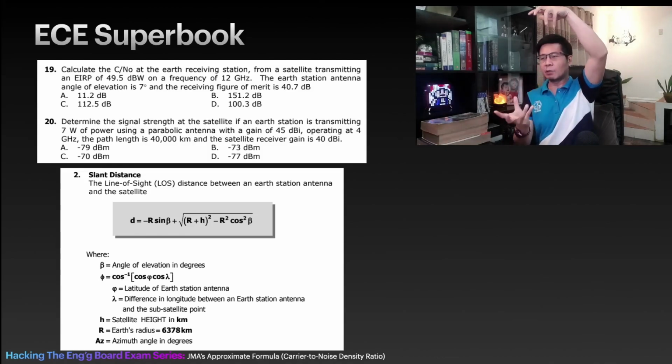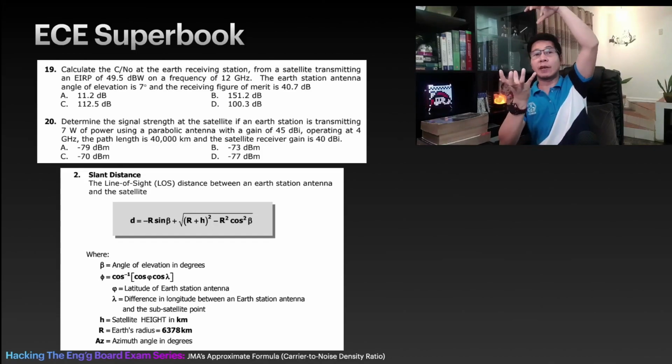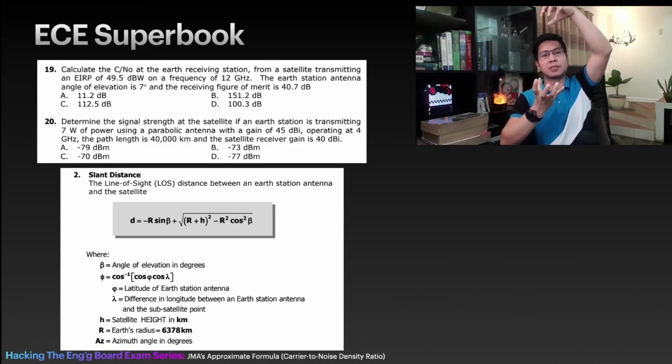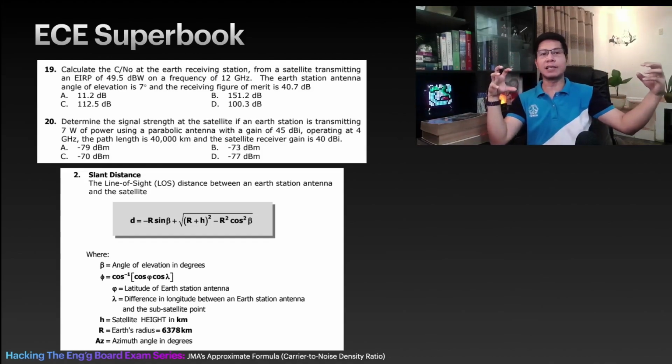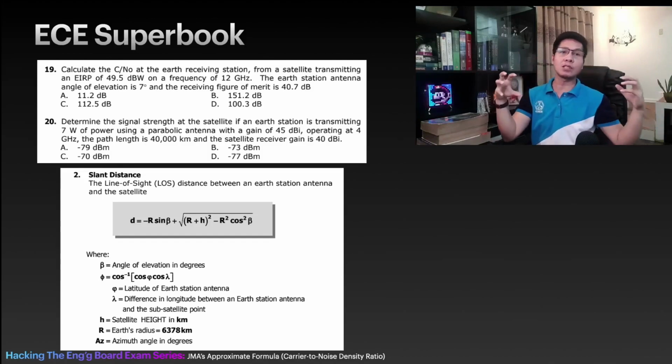Yung height natin, the closest is, when the Earth station is directly above, that's 36,000 kilometers. And the farthest is, kapag naman nasa horizon na halos yung satellite, or when the angle of elevation is 0 degrees. And ang distance natin doon, that's approximately nasa 42,000 kilometers.